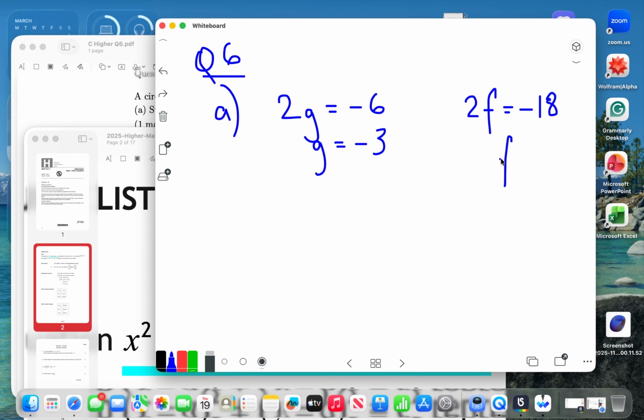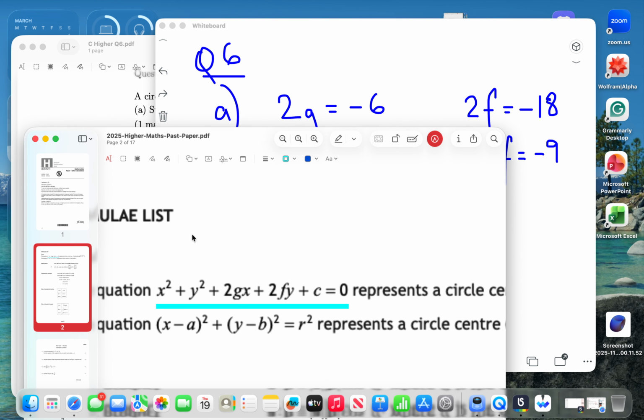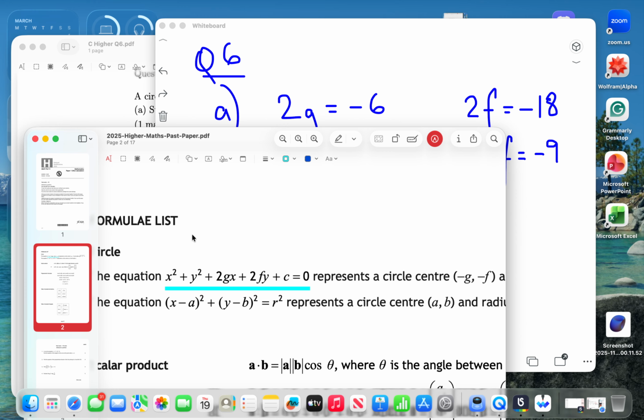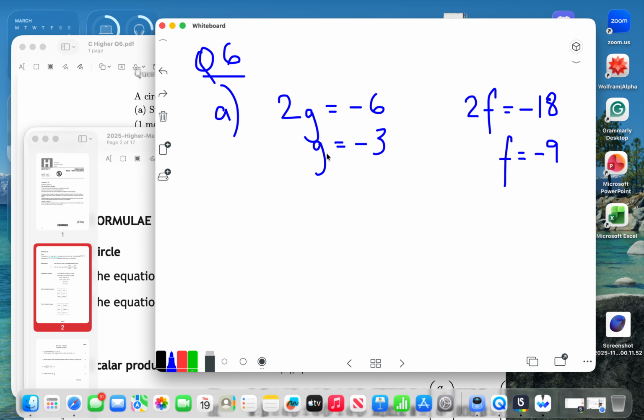So f is minus 9. And we are told that the centre is minus g, minus f. So minus g is 3 and minus f is 9, and that is the centre.